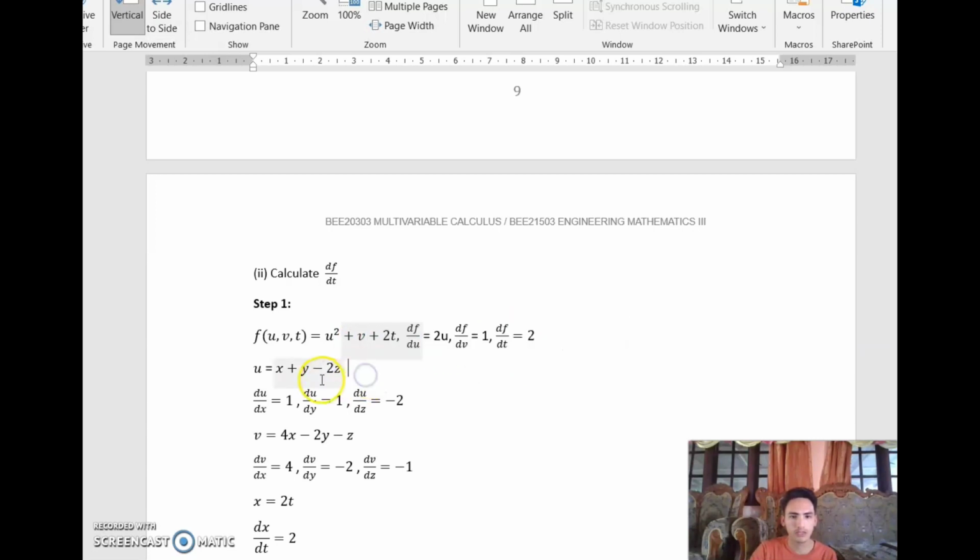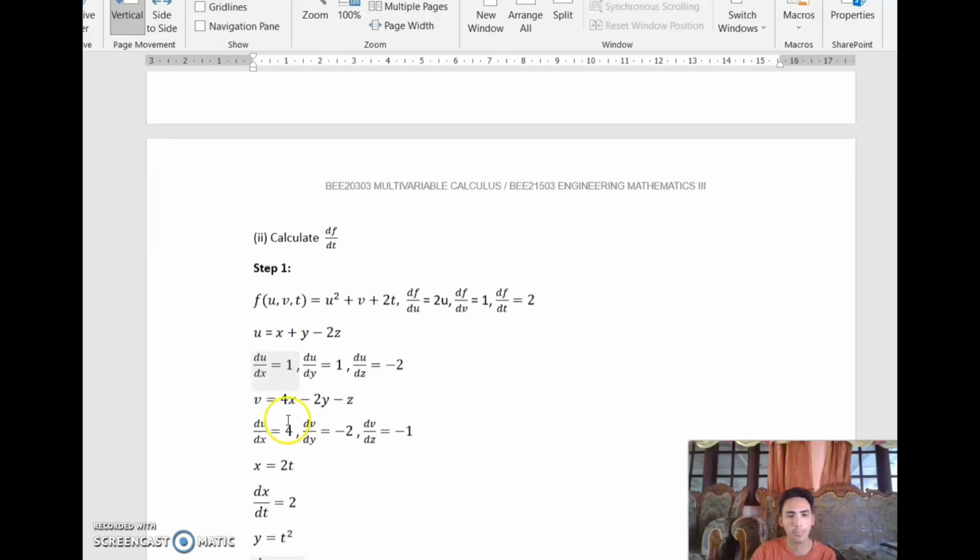For the first function here, u equals x plus y minus 2z. We differentiate all the functions given with respect to x, y, and z. For the first one, du over dx, we get 1. Du over dy, 1. Du over dz, minus 2.